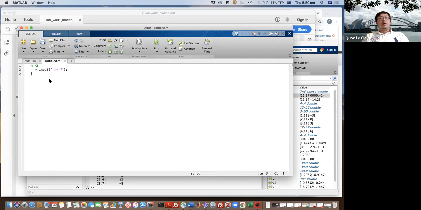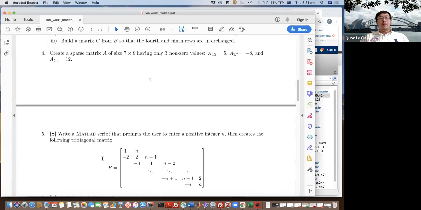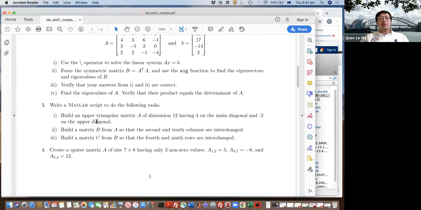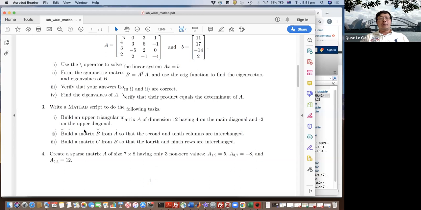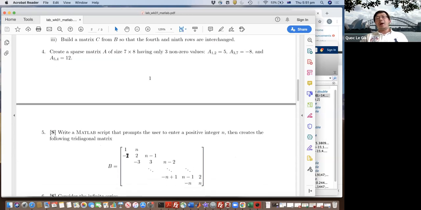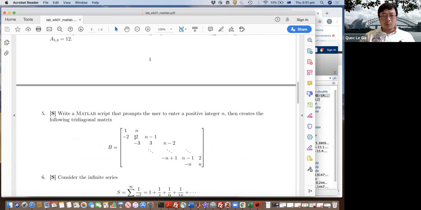Okay, and then remember we have done this before in question 3. So how do you adapt question 3 to solve question 5? Any ideas?